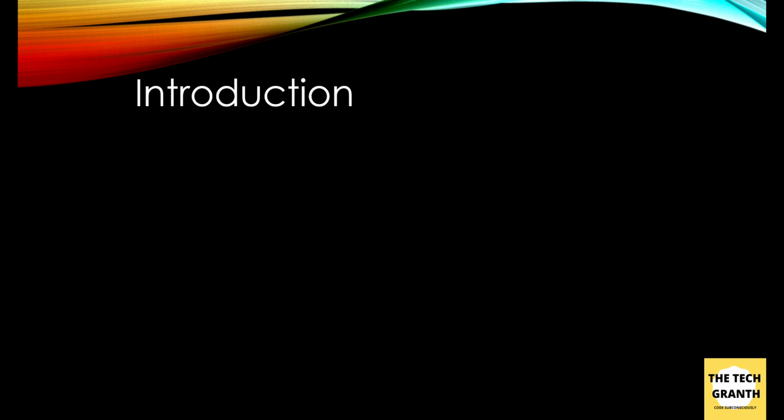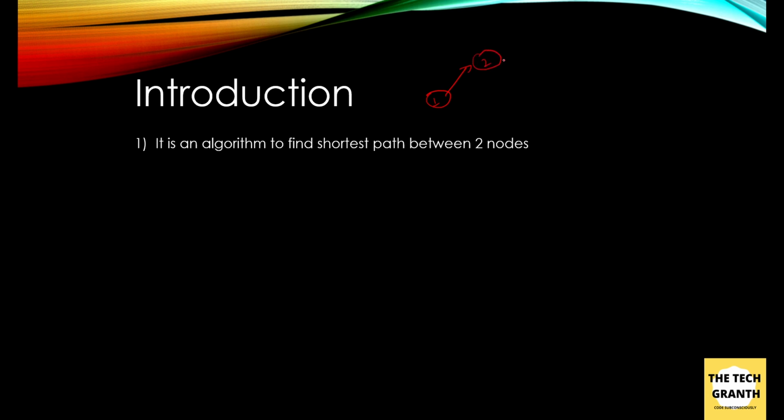So as part of the introduction, the first thing about Dijkstra's algorithm is that it is an algorithm to find the shortest path between two nodes. For example, if you take a sample graph, say we have a node here, node 1, connected to another node, node 2, and this one is connected to node 4.